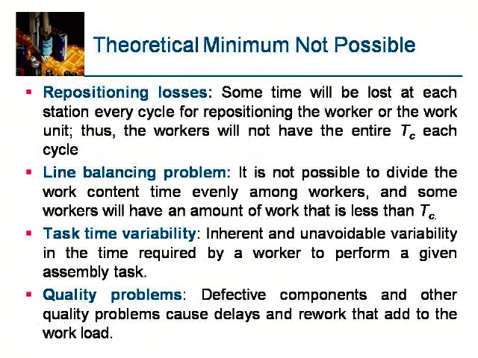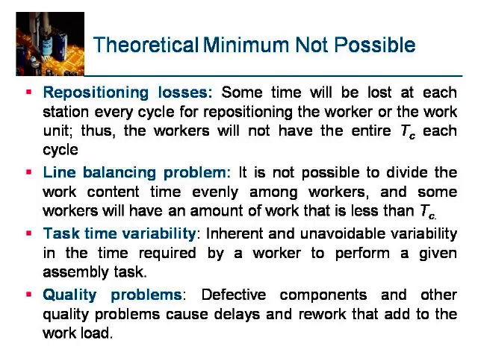The theoretical minimum is not possible because of repositioning losses. Some time will be lost at each workstation in every cycle for repositioning of the worker or the work unit. Thus the worker will not have the entire TC each time. This leads to line balancing.